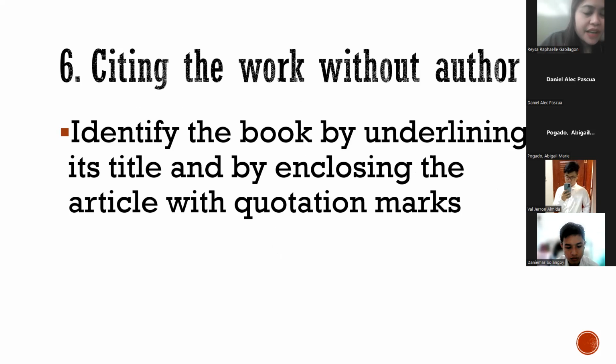Okay? Next, ito yung problema ng maraming estudyante during research. May mga references na walang author. So, paano tayo magsasite nito? Okay? Paano natin isa-cite yung references na walang author? We can do identification of the book by underlining its title and by enclosing the article with quotation marks.